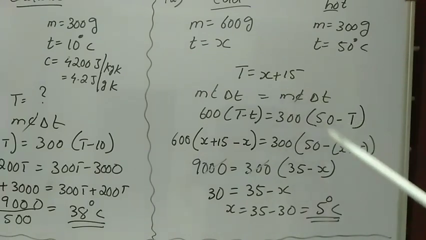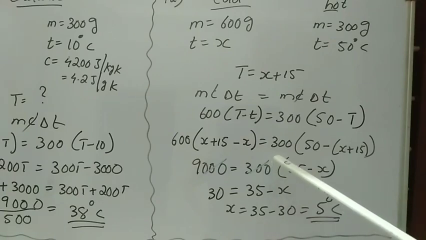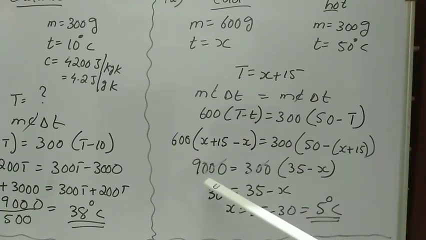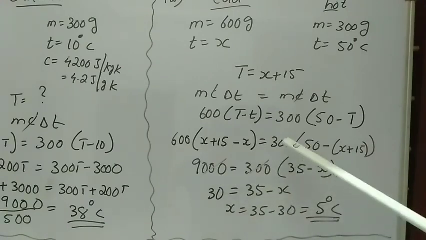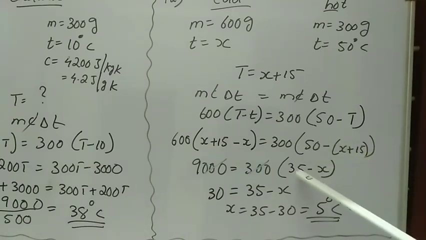What is our T again? X plus 15. Again, positive X, negative X will get cancelled. 600 into 15, that is 9,000, is equal to 300 into 50 minus bracket X plus 15. That means 50 minus X minus 15. While changing the bracket, both will become negative. So 50 minus 15 is 35.